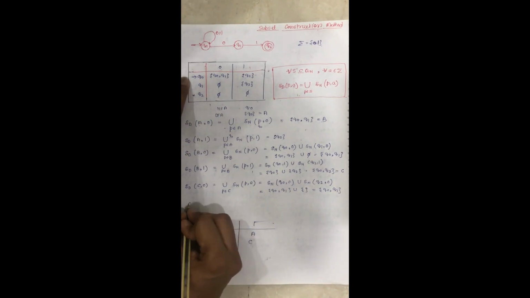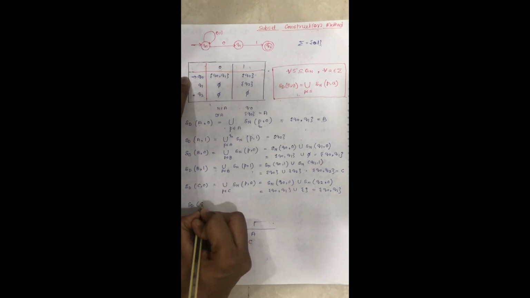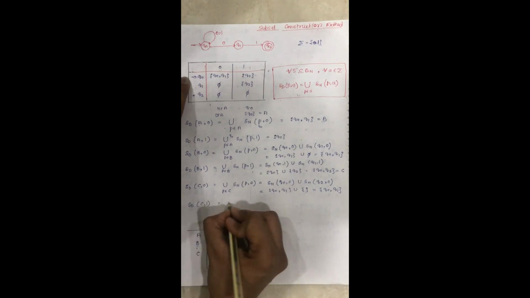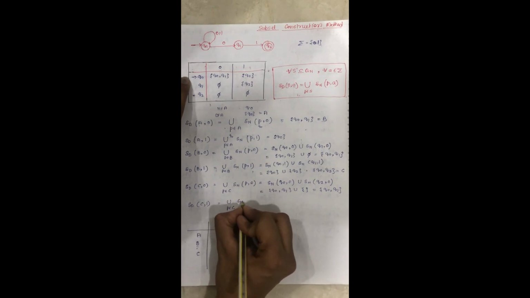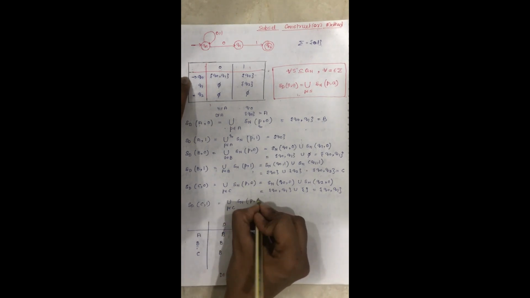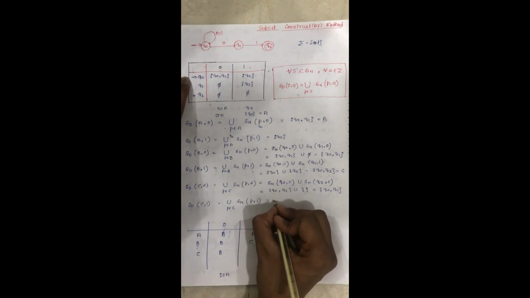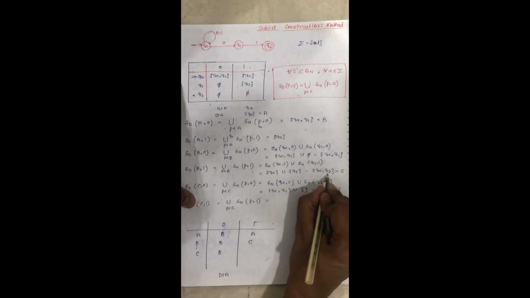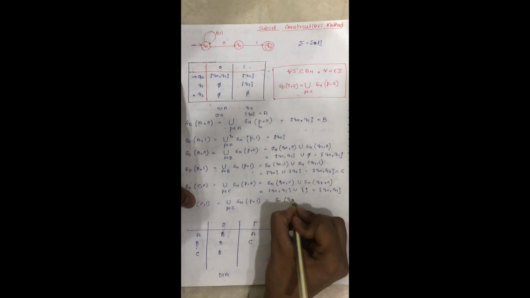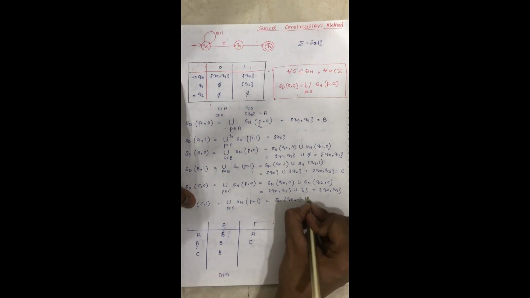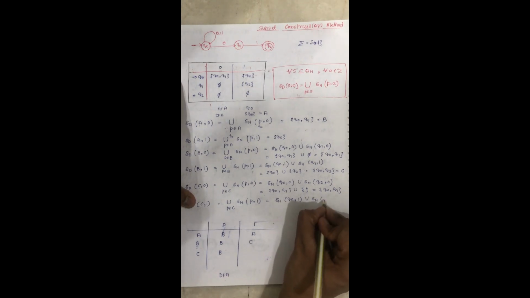Now delta D, state C, input symbol 1, is the union over P belonging to C of delta N, P comma 1. Now that will be equal to, C meaning Q naught and Q2, with input symbol 1. So here we will write delta N Q naught comma 1 union delta N Q2 comma 1.